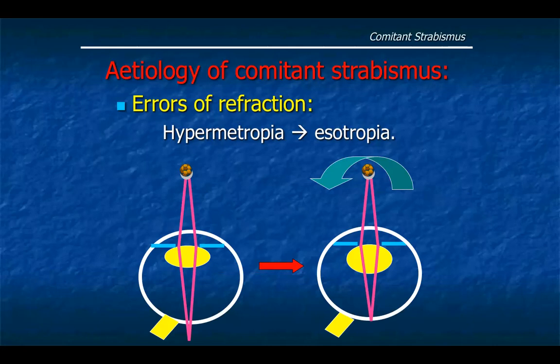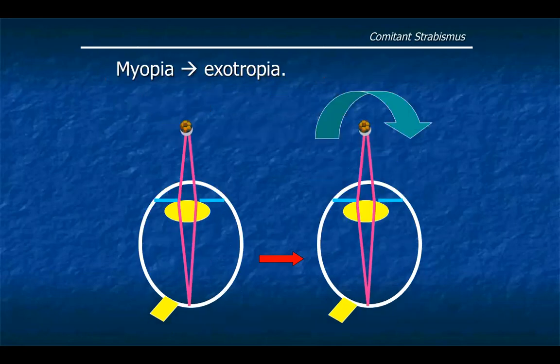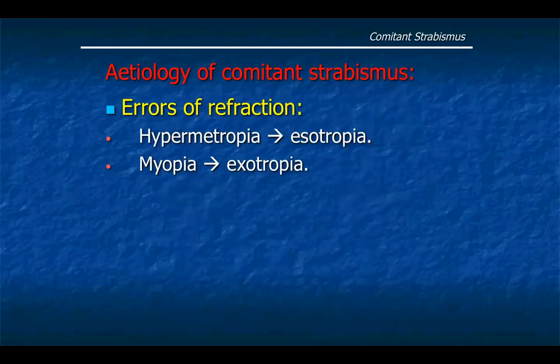The patient first develops esophoria and then it becomes esotropia. Myopes, they do not accommodate because they focus the object at their far point. So no accommodation, no convergence. Myopes first develop exophoria and then it turns into exotropia. So hypermetropia causes esotropia and myopia causes exotropia.